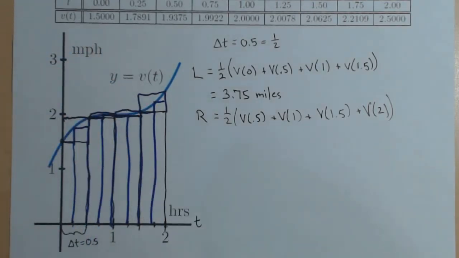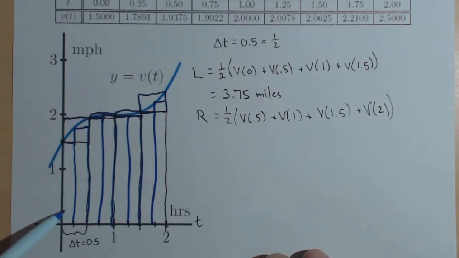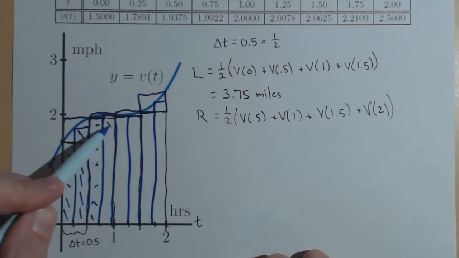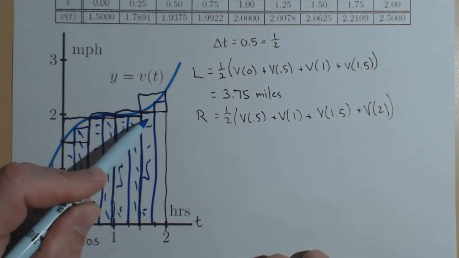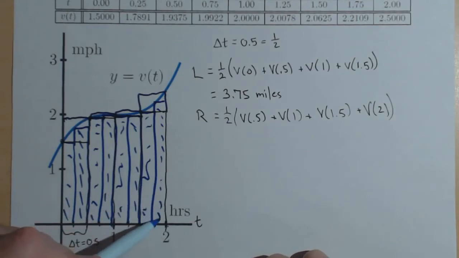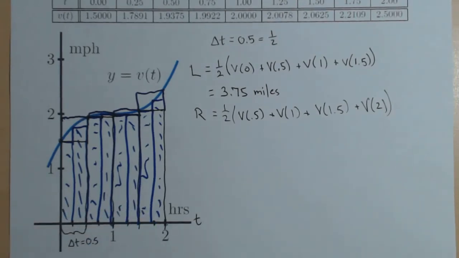We can see it takes up a little bit more of the area using more rectangles. The more rectangles we use, the more it improves our accuracy. Ideally, we would like to use infinitely many rectangles, and we'll see how that's going to work out a little bit later in this chapter.